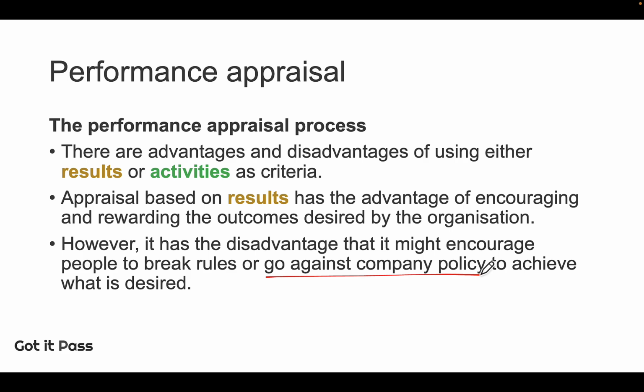And the people would like to break rules in order to achieve the target. They don't consider company policy important in a certain way because they would like to have their performance recognized based on their results, not the process. So it is a disadvantage for the people like that to break the rules.